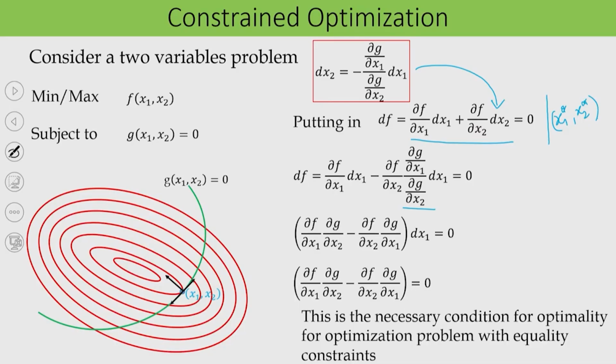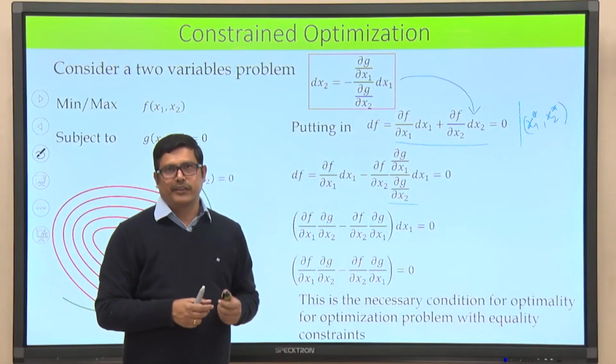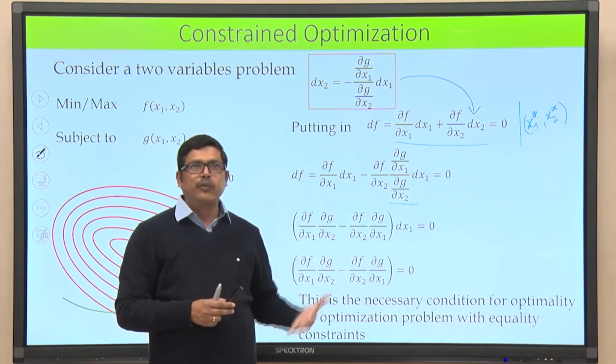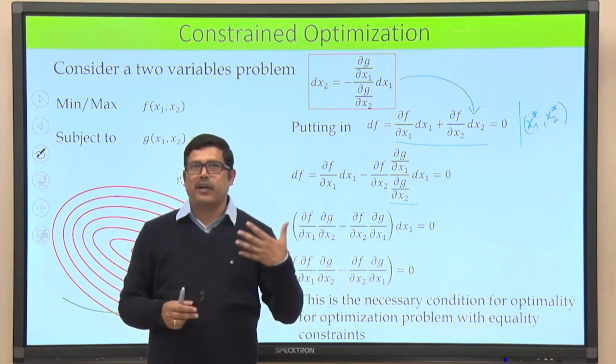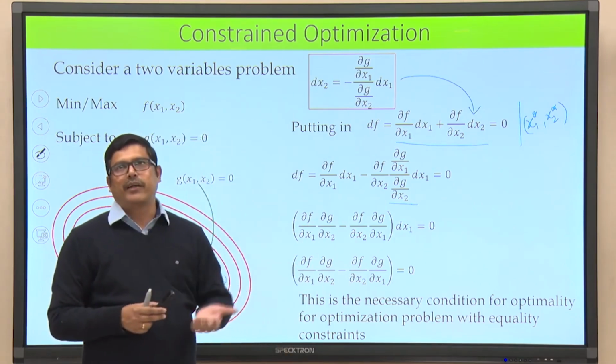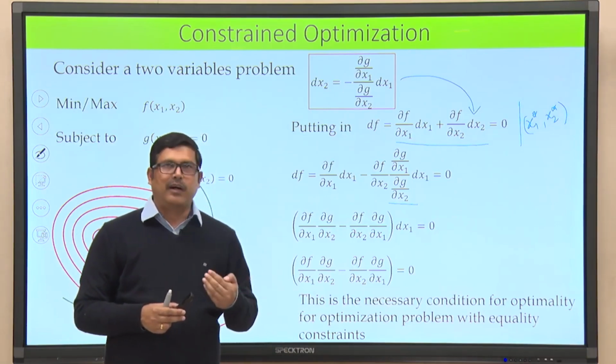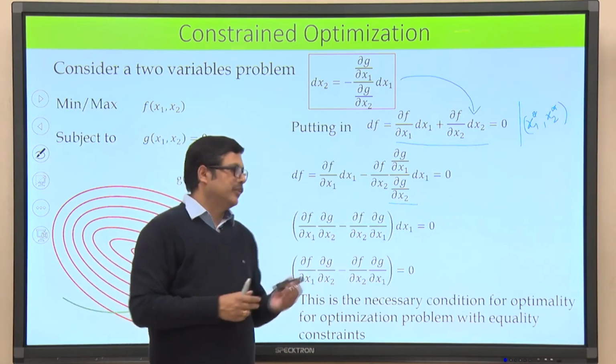We have derived it, but it is not convenient to use. So let us see how we can use it in a more convenient way for finding the optimal solution of a constrained problem having equality constraint.